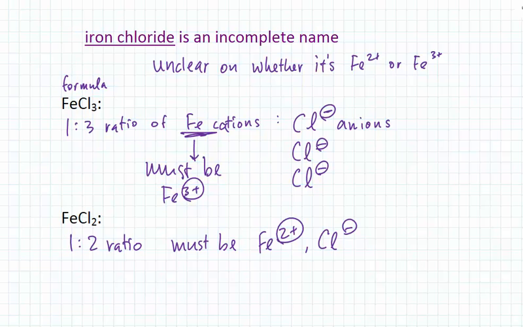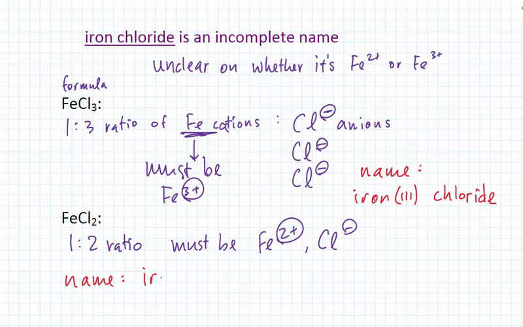So what we're going to do, instead of just calling them iron chloride, because that's not enough information, for the name of this one, we're going to call it iron, and I'm going to put a Roman numeral 3 in parentheses right after iron. This one, iron 2 chloride.